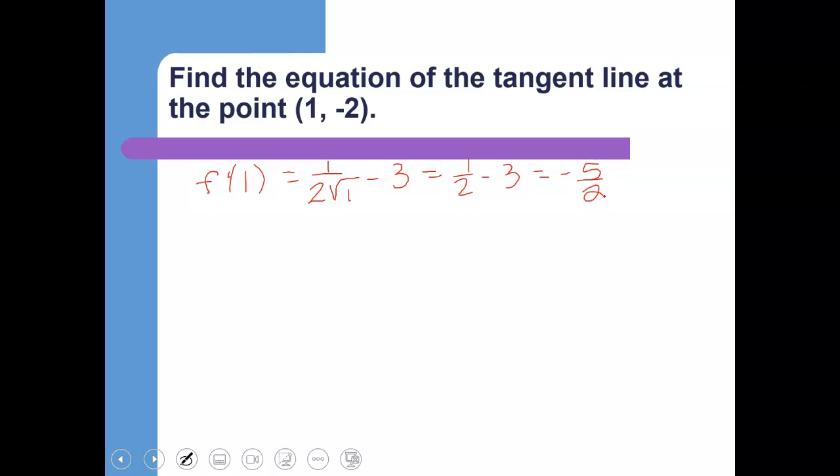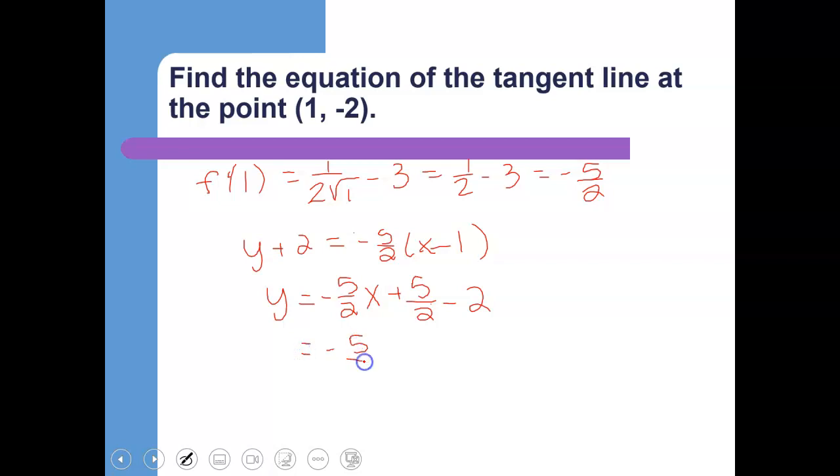And then at that point, that represents the slope. So the equation of the tangent line is y minus -2 equals -5/2 times x minus 1, so y equals -5/2 x plus 5/2 minus 2. So y equals -5/2 x plus 1/2.